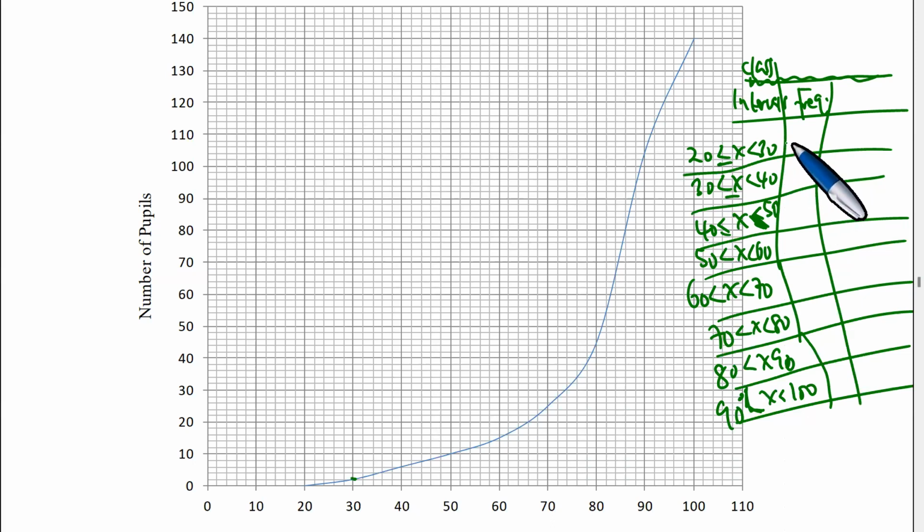So the frequency is 2. And the cumulative frequency is also 2. Then you do this, drawing the histogram from the cumulative frequency curve, this one.